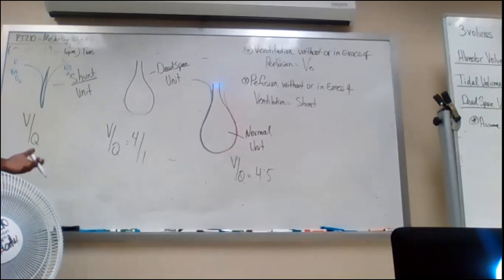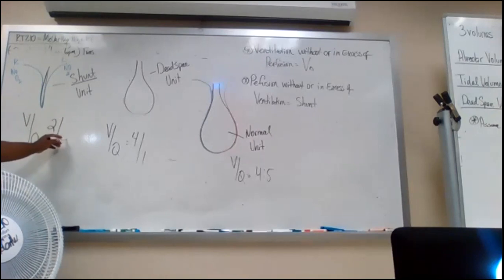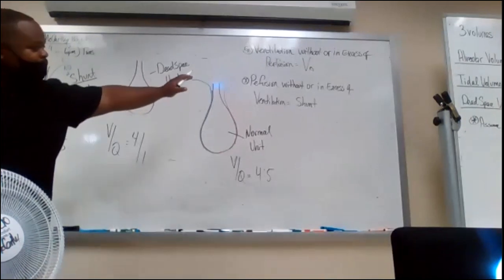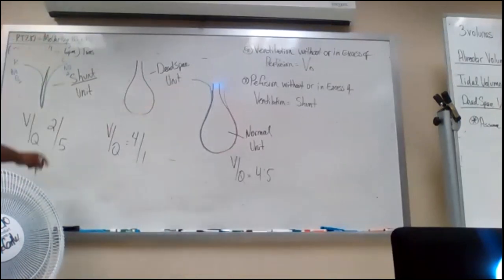I'm not open, so it's going to be a low ventilation, right? Okay, you can say 2 to what? 5. Okay, you can say 2 to 5. That will be a shunt, because we could possibly have 2 liters of alveolar ventilation and 5 liters of cardiac output. And shunt is perfusion without or in excess of ventilation.